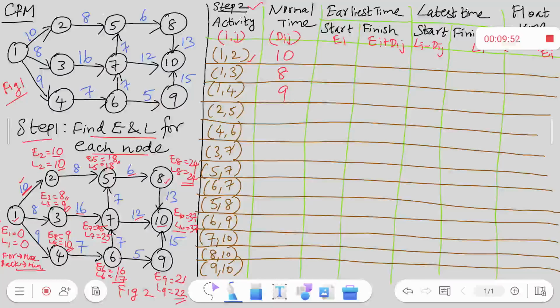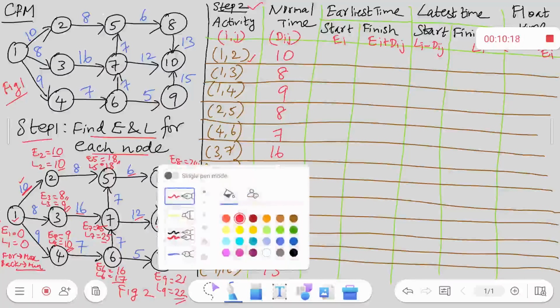From 2 to 5, it is 8. 4 to 6, it is 7. 3 to 7, it is 16. 5 to 7, it is 7. Then 6 to 7, it is again 7. 5 to 8, it is 6. 6 to 9, it is 5. 7 to 10, it is 12. 8 to 10, it is 13. 9 to 10, it is 15. These are the blue color values which are taken from the network.